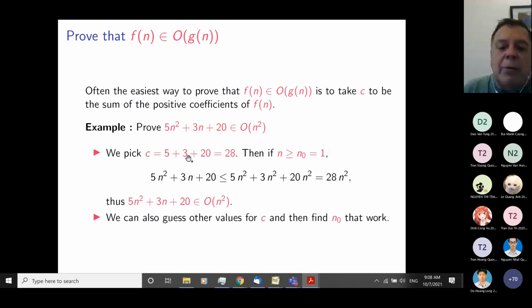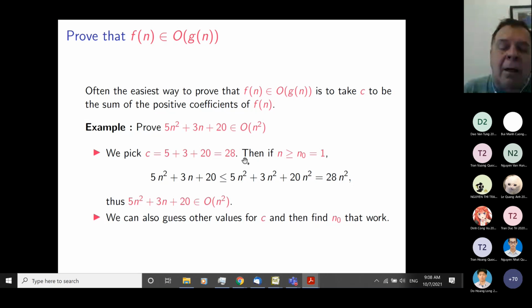So one easy way to prove that we have found a bounding function for this algorithm, for this expression, is to find a constant c that is equal to the sum of the constants in the polynomial f(n).